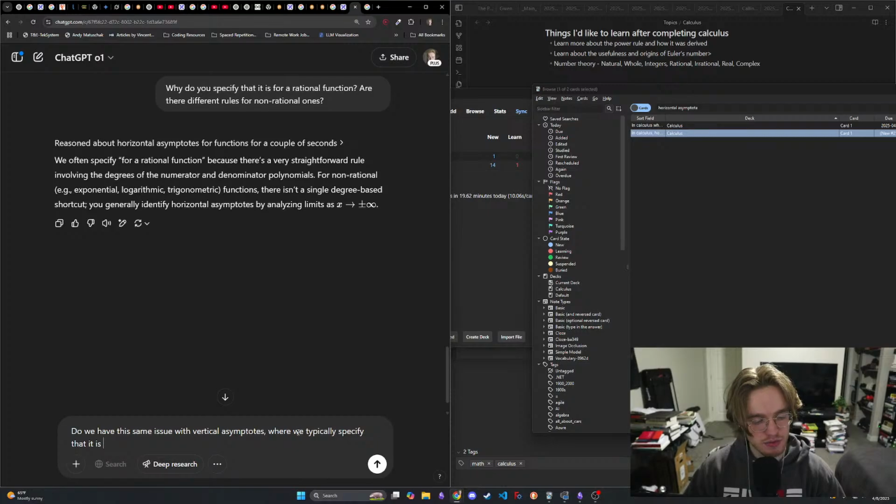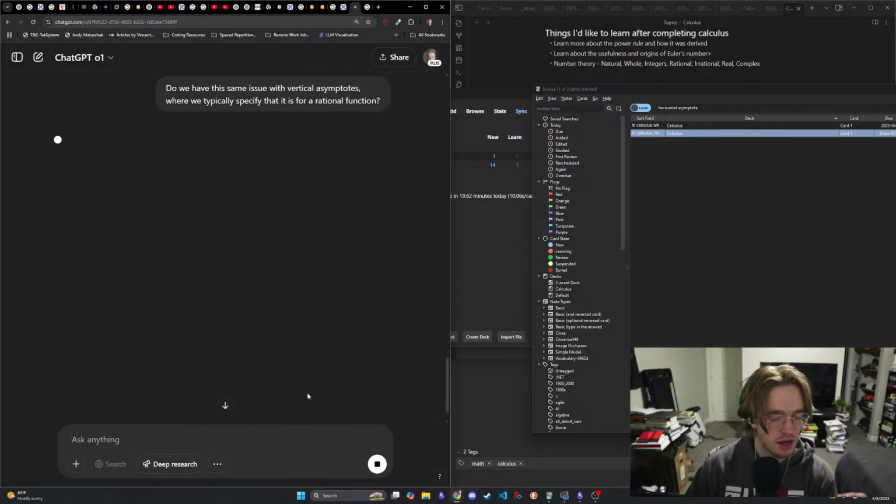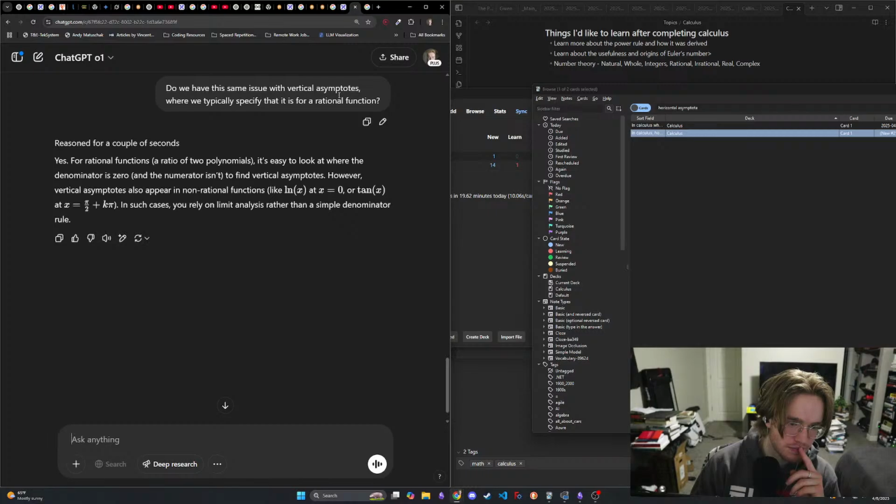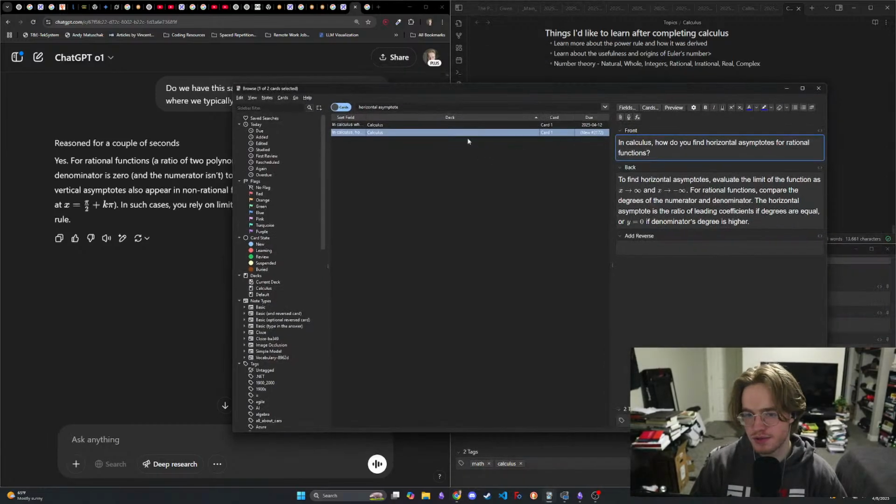So I'm asking if we have the same issue for vertical asymptotes where we typically specify that it is for a rational function. Okay. So we're going to do vertical here to make sure we have that clarification.